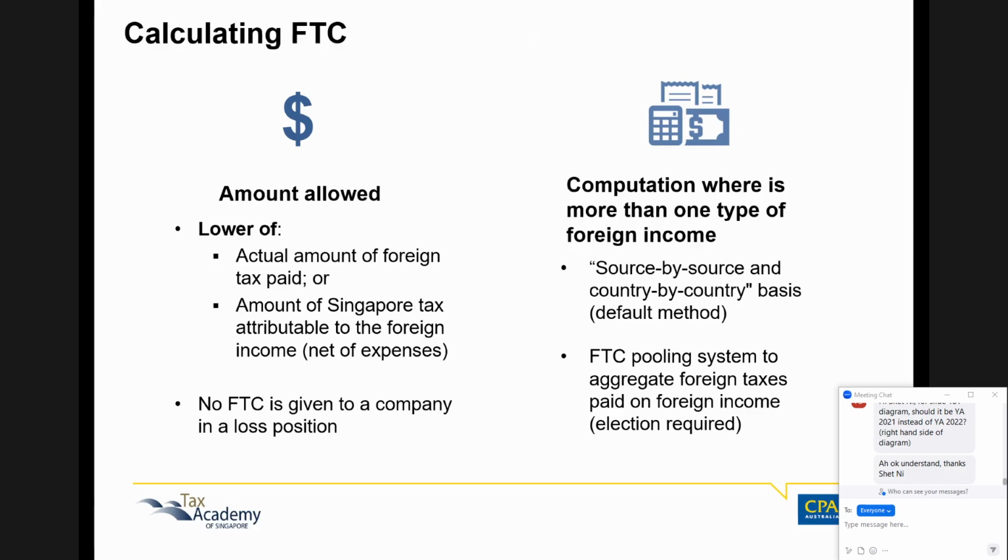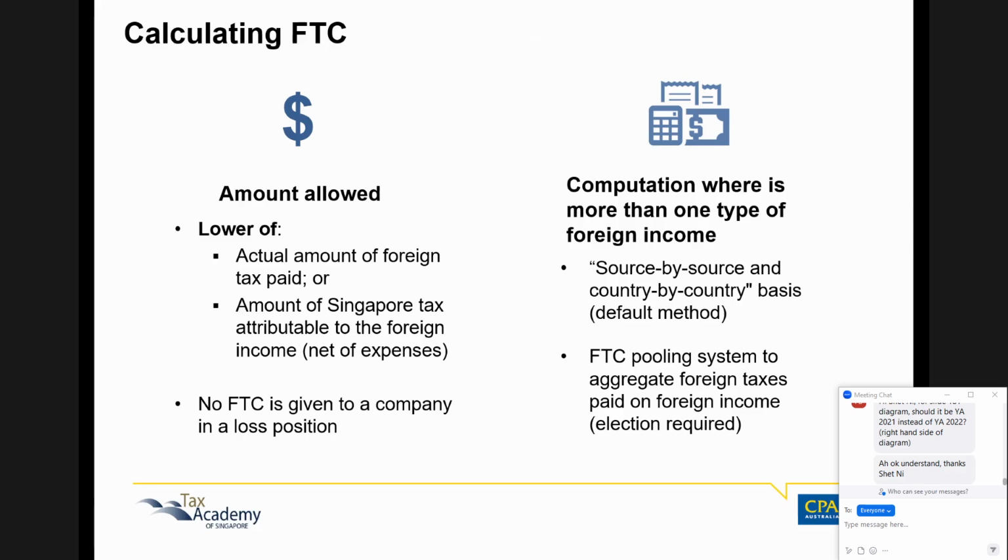Anyway, these are just for info. Last time we used to have a default method, where we look at it source by source, country by country. You look at rental income from Australia, rental income from Malaysia, all source by source, country by country. Then what is your tax paid for the respective country?